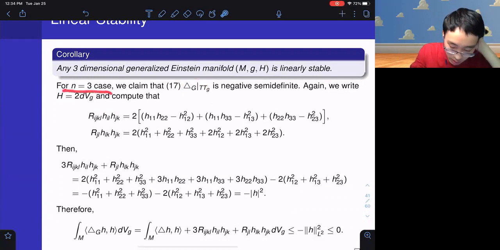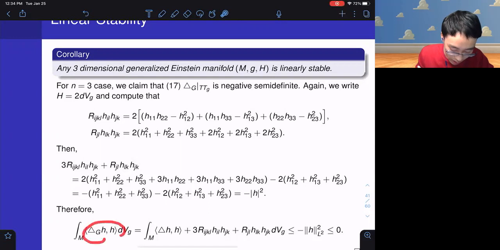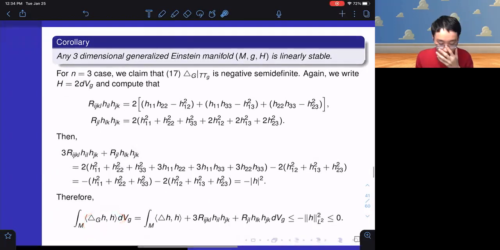Because in the three-dimensional case, we can write H to be 2 dVg and the sectional curvature is a constant. So you can compute easily that Laplacian G H with H is nothing but minus H squared. So this is always non-positive, and therefore three-dimensional GE is always stable.